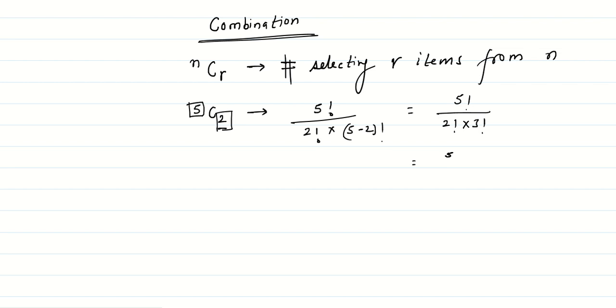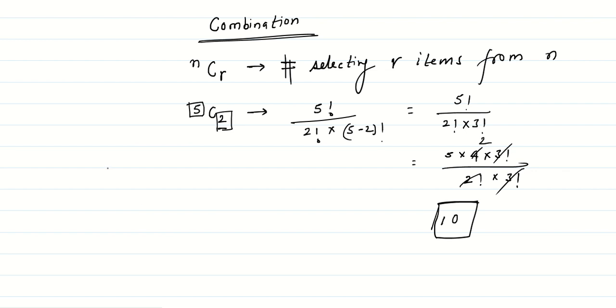So I can say 5 into 4 into 3 factorial divided by 2 factorial into 3 factorial. I did not expand because they will cancel. 2 factorial is 2 only. 2 twos are 4. I'll get the answer 10. There are 10 ways you can select any two members out of 5.